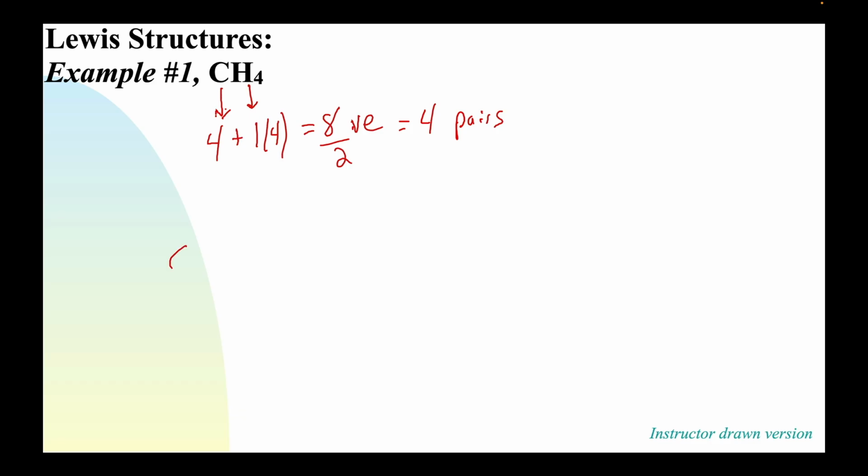What I'm going to do is draw carbon with 4 hydrogens around it like that. And you need to connect those outer atoms to the carbon because you don't want the hydrogens to run away. So I'm going to use what's called a bonding pair or a sigma bond, depending on who you're talking to.